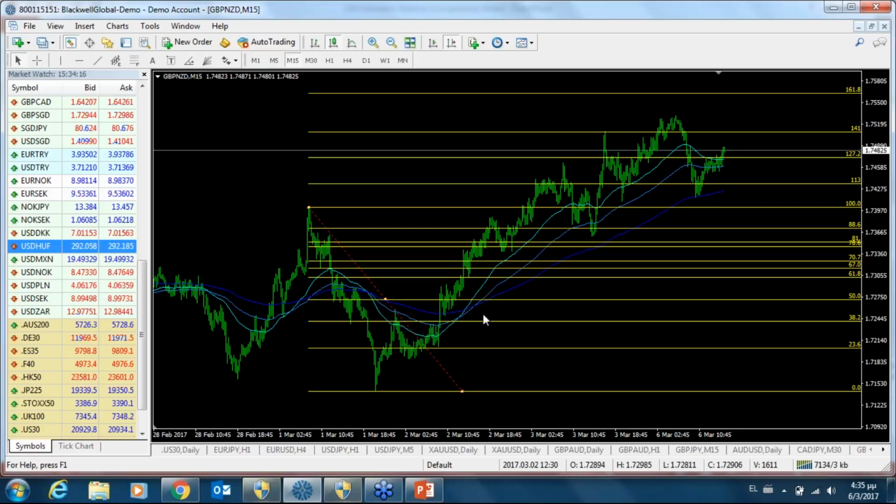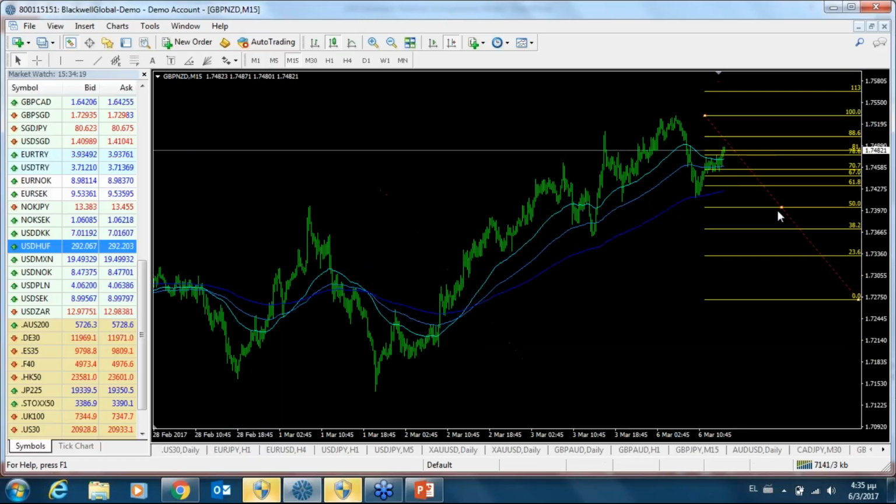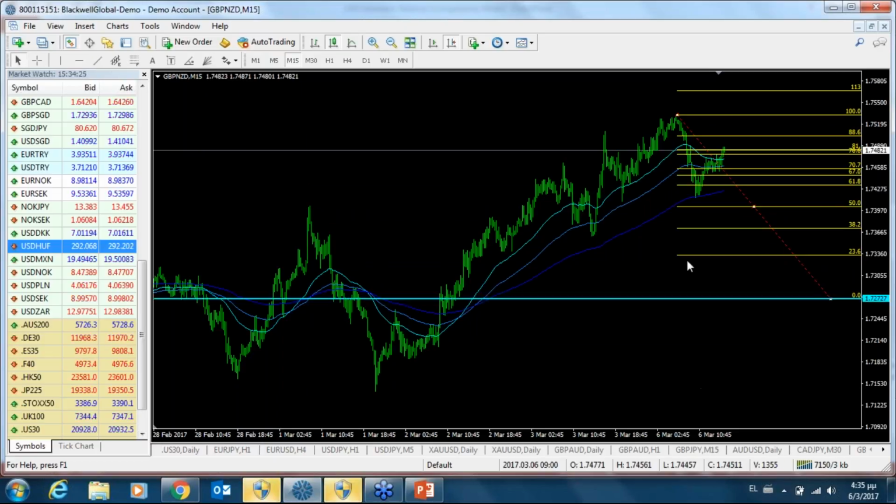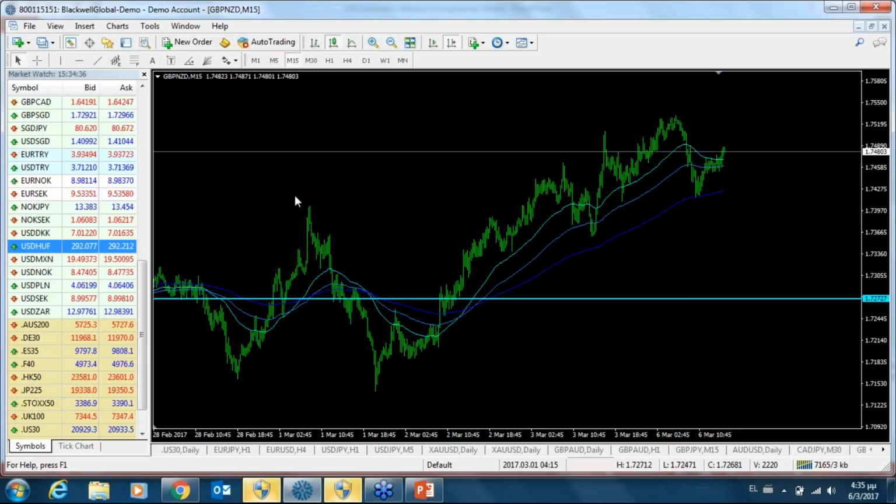So if I pull this A to B and make that AB to CD right there, it's telling me that it could fall that much, but that's an A, B, C, and D downwards. Okay, so that down is perhaps too big of a fall. Okay, this may be a bullish type ABCD pattern.